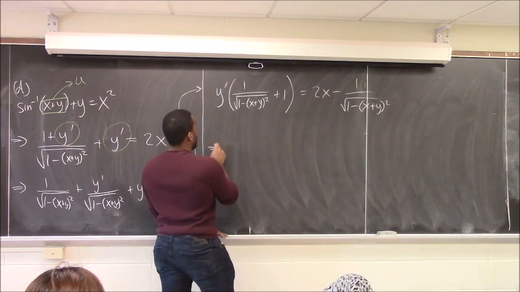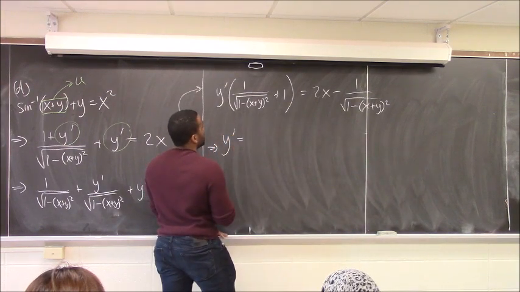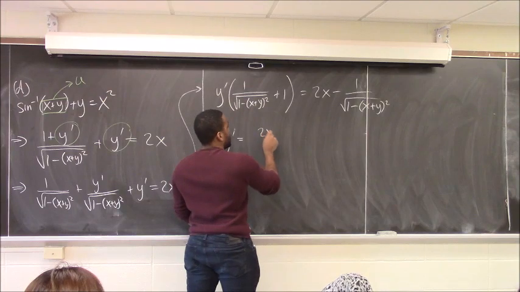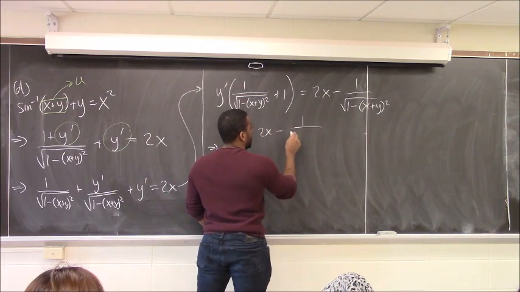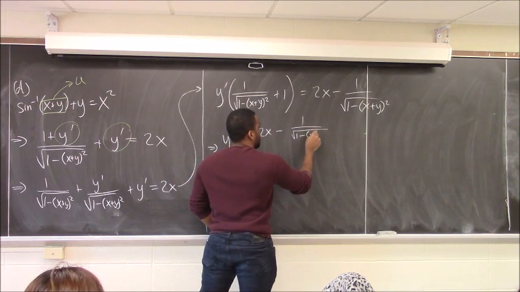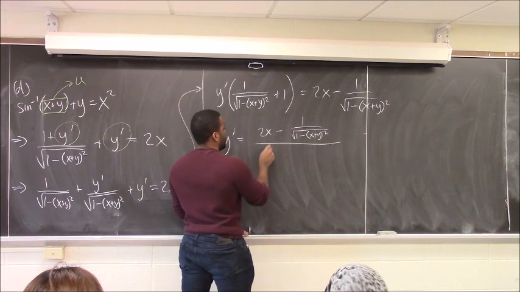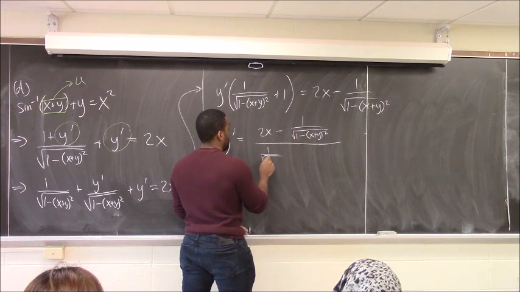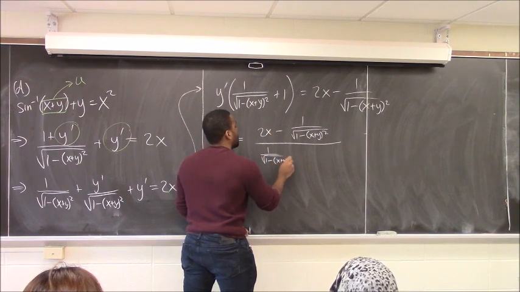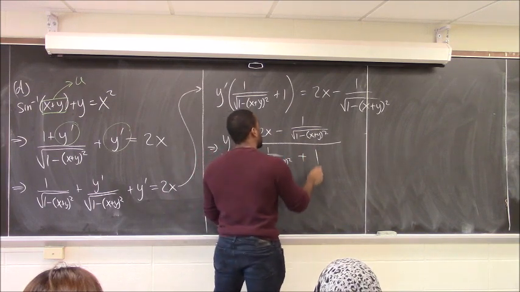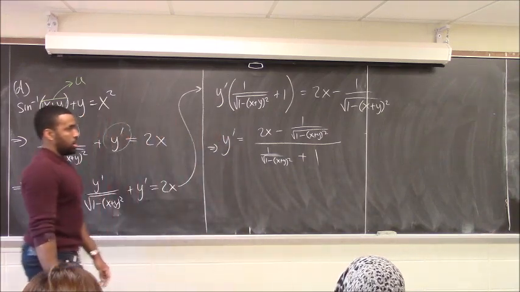Now I can solve for y prime by dividing both sides by this thing. So I will get 2x minus 1 over 1 over, and that would be your answer.